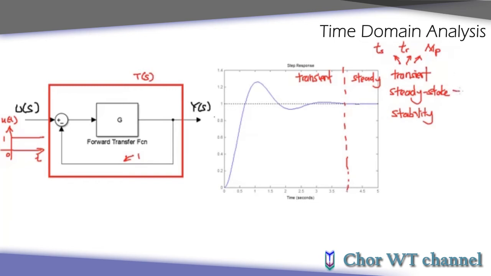For steady state, we are interested in the steady state error, and for stability we look at the absolute and relative stability. These are the key terms to define the performance of a system in its time domain output.